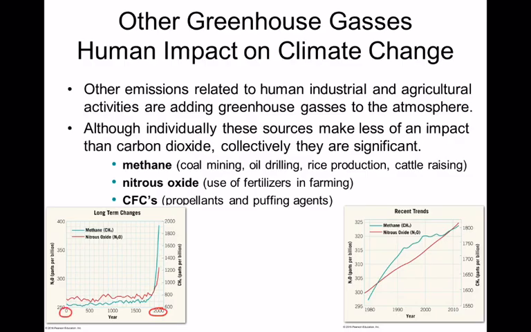Anyway, so there we see an uptake in both methane and nitrous oxide as our farming has improved. This right here is a blow up of this right here. So your book says that individually they're not a problem, but collectively they are a player.